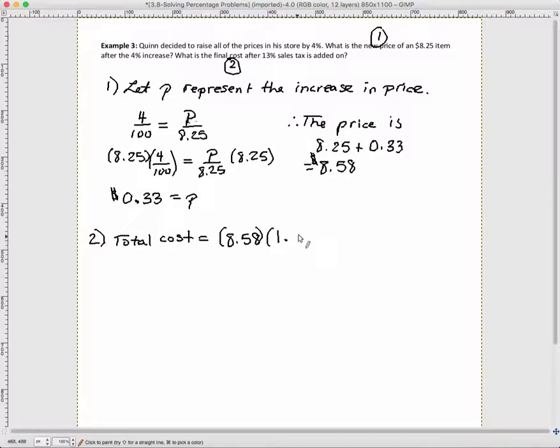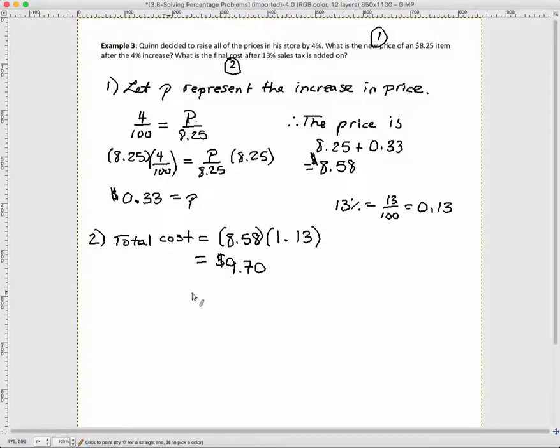So that's actually going to be 1.13, because the 1 indicates that this is 100% of the price, and if I increase it by 13%, it becomes this 0.13. Because remember, 13% is equivalent to 13/100ths or 0.13. So this tells me that the final cost is going to be 113% of the cost. If I multiply that out, I get $9.70.